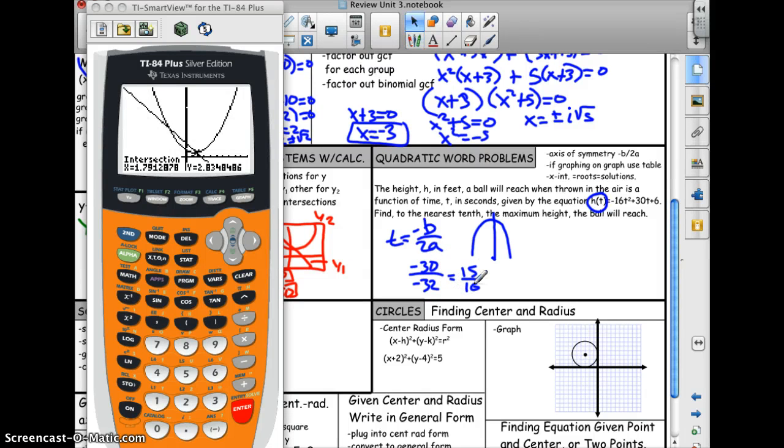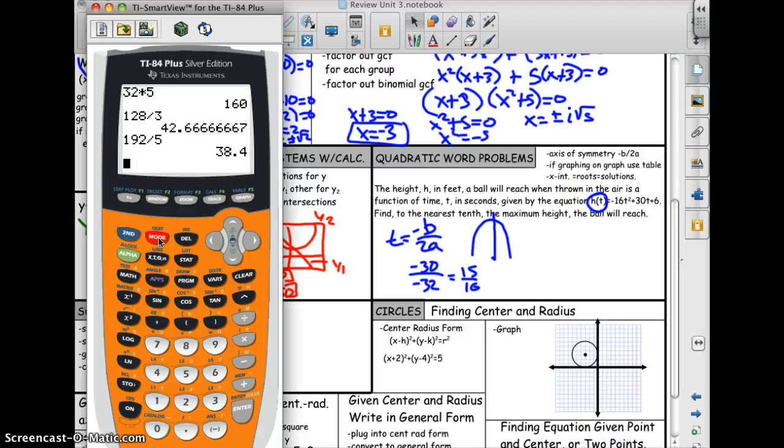All right, and now I need to find, to the nearest tenth, the maximum height the ball will reach, and I can do that by evaluating that expression for 15/16. All right, so it's going to be negative 16 times 15/16 squared plus 30 times 15/16 and then plus 6.